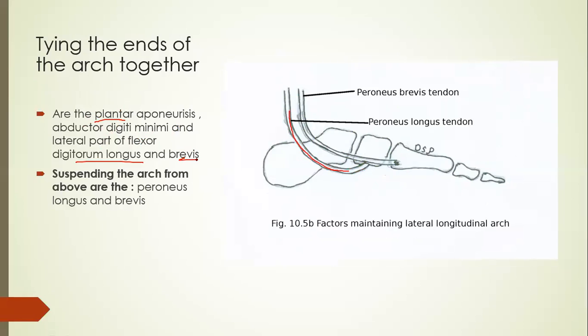These structures come from above the leg, as a continuation; the muscles originate in the leg and insert in the foot as tendons. Peroneus longus and peroneus brevis are the main structures suspending from above which hold the lateral longitudinal arch.